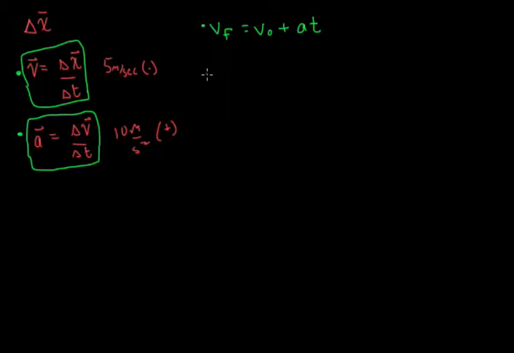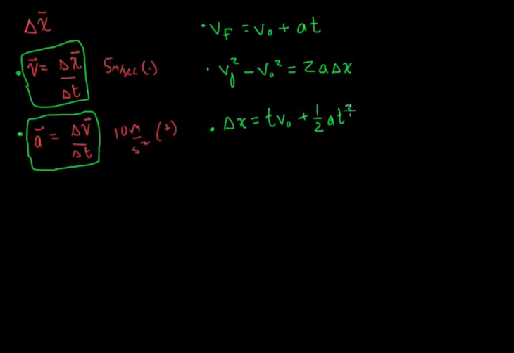The second one is velocity final squared minus velocity initial squared equals 2 times the acceleration times the displacement. And then the final formula is the displacement equals time times the initial velocity plus 1/2 times the acceleration times time squared.